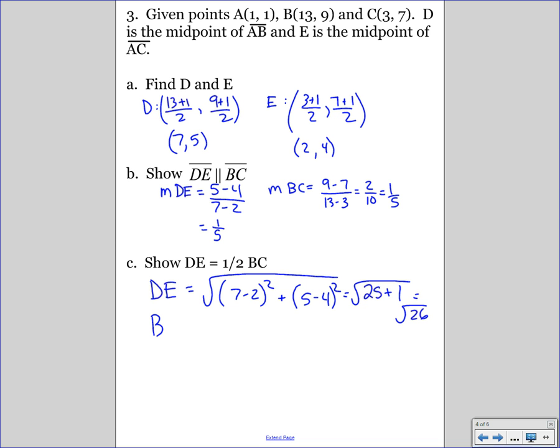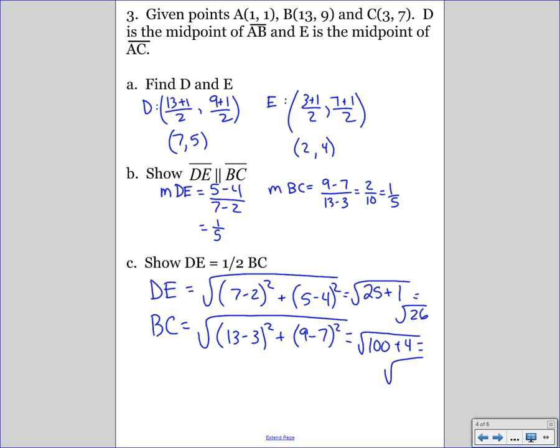BC, I have 13 minus 3 squared plus 9 minus 7 squared. So that is 13 minus 3 is 10, squared is 100, 9 minus 7 is 2, squared is 4.